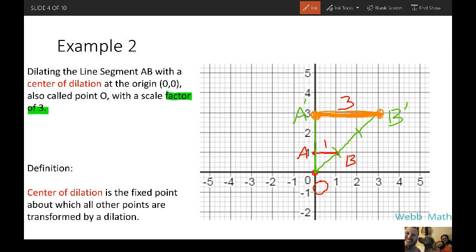Now if it went the other way, if it was originally 3, but then you went to 1, your scale factor is 1/3, because 1 is 1/3 of 3. So it can go either way sometimes, in your homework especially. You can get bigger or you can get smaller. It just depends on your scale factor.